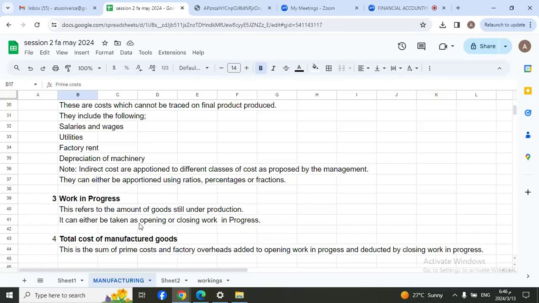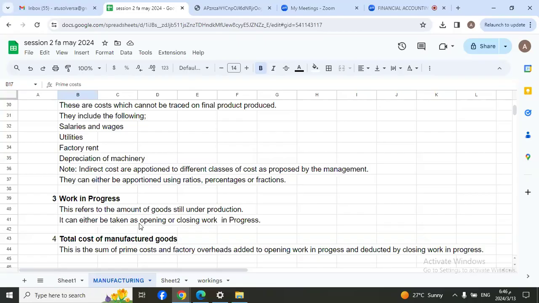So we say the work in progress refers to the amount of goods still under production. We normally close the year by 30th of June for every year. So you'll find that at midnight, we are entering a new day, and a factory like Mkwano still had soap under production.